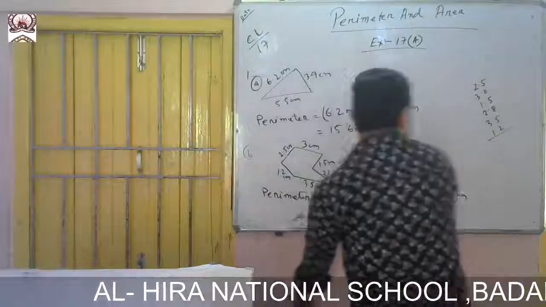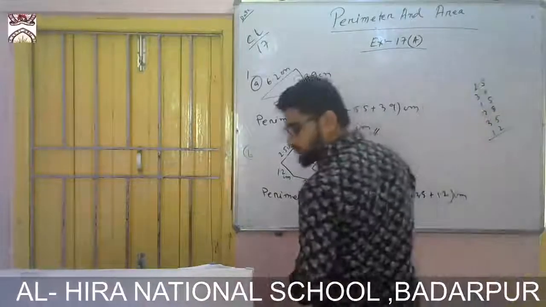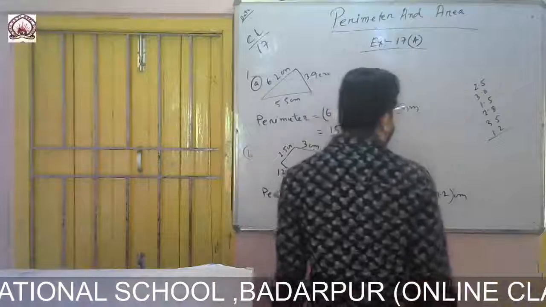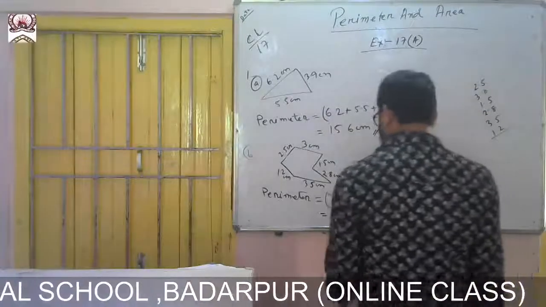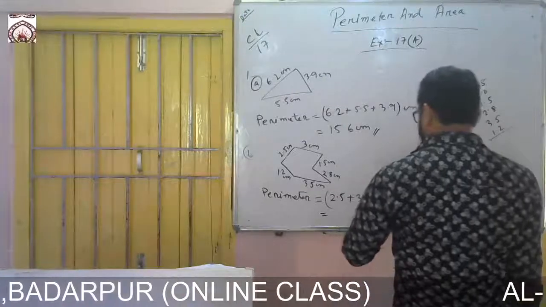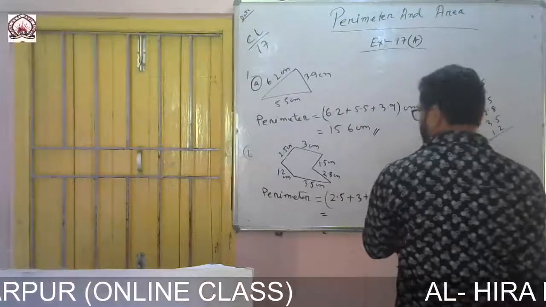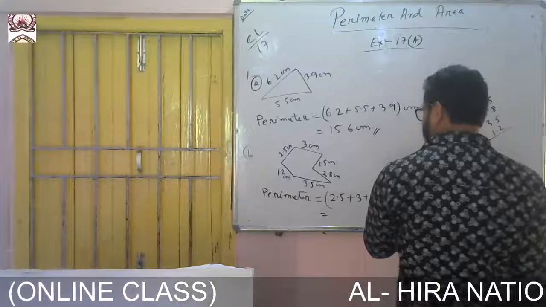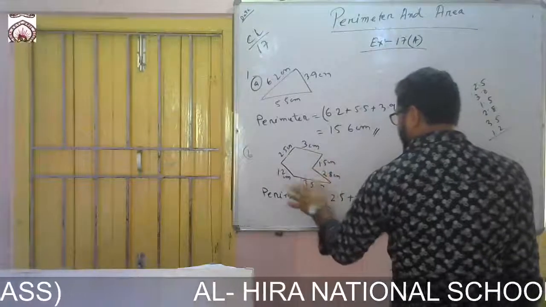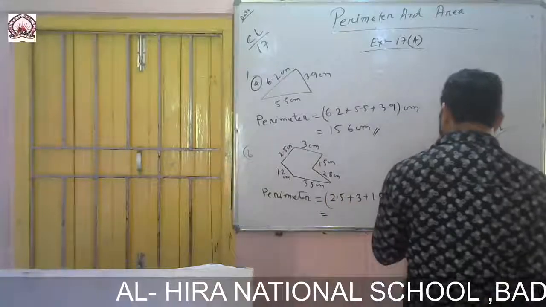You will get the answer. So you see 2.5, 1.5, 2.8, 3.5. 1, 2, 3, 4, 5, 6.